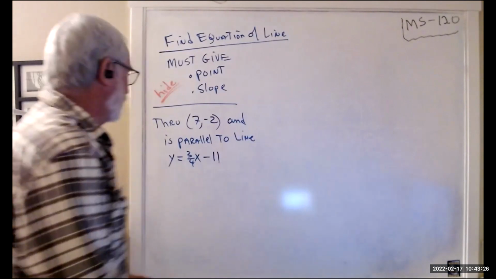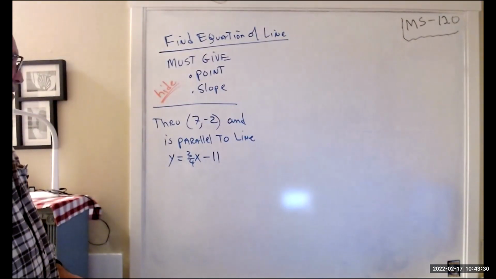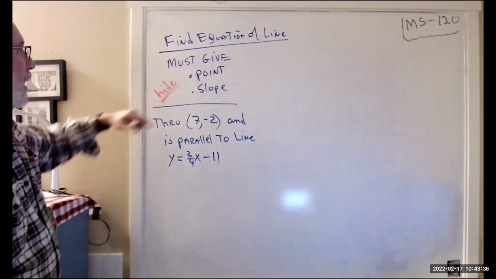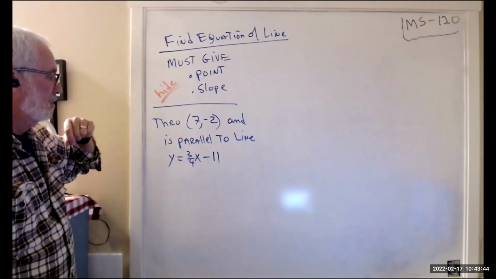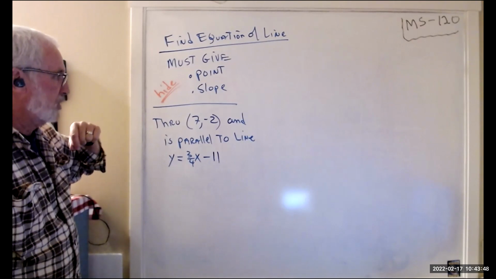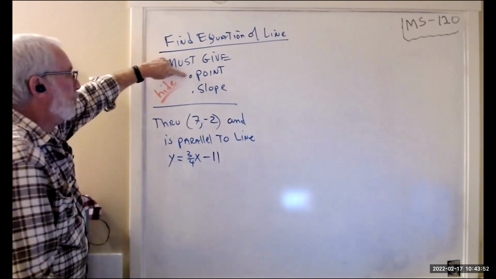Okay, so what's missing? Well, what do I have to give you? I have to give you a point and I have to give you a slope.